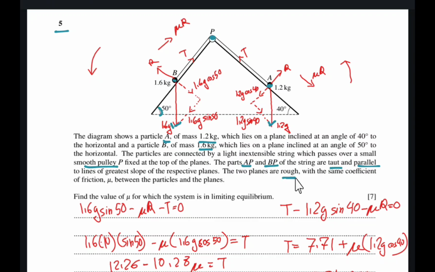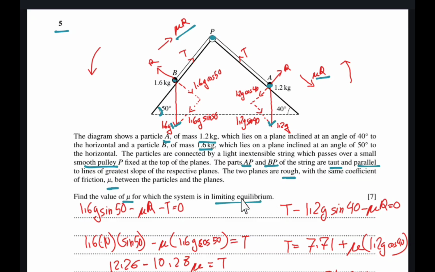The two planes are rough, that means on both planes there is the effect of friction, mu R, with the same coefficient of friction mu. Find the value of mu for which the system is in limiting equilibrium.